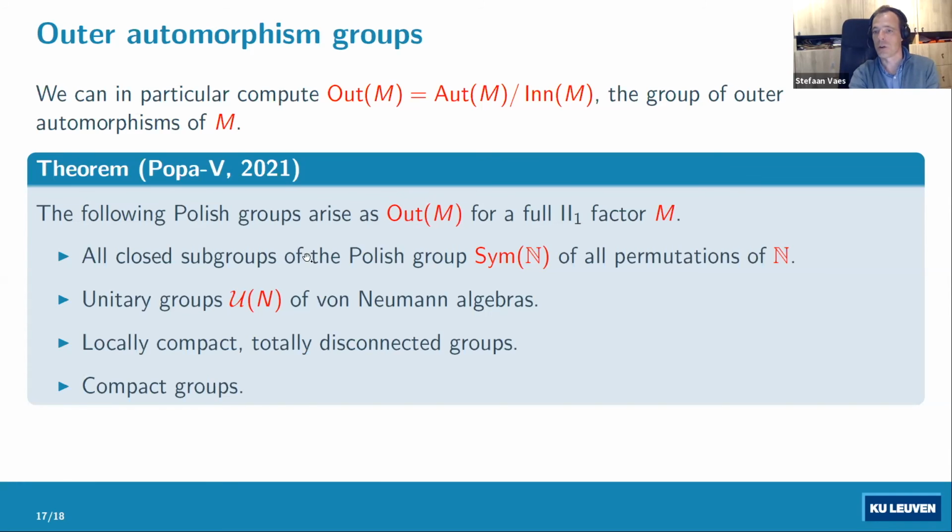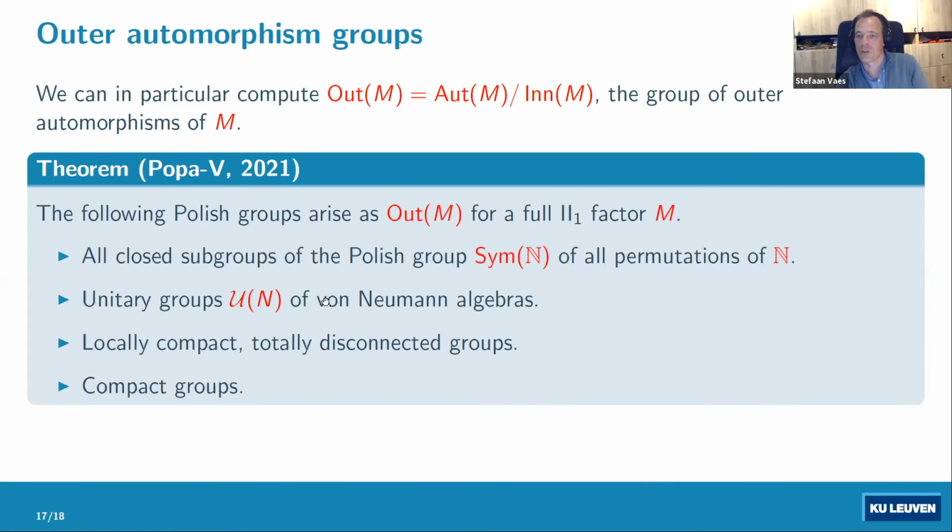For instance, all closed subgroups of permutations of N. So this is a huge family. It's like all groups that can act on countable structures. Also, all locally compact, totally disconnected groups can arise. All compact groups can arise. Of course, all countable groups can arise.